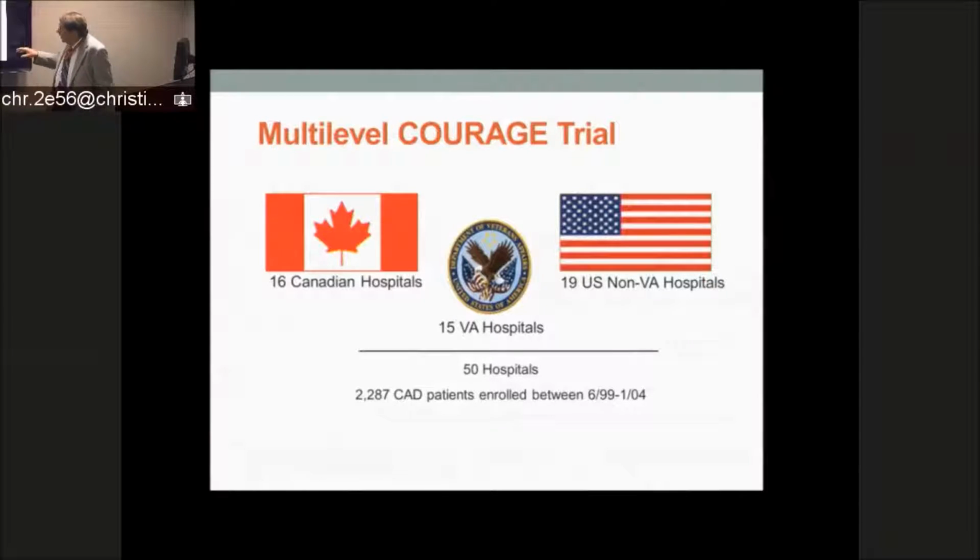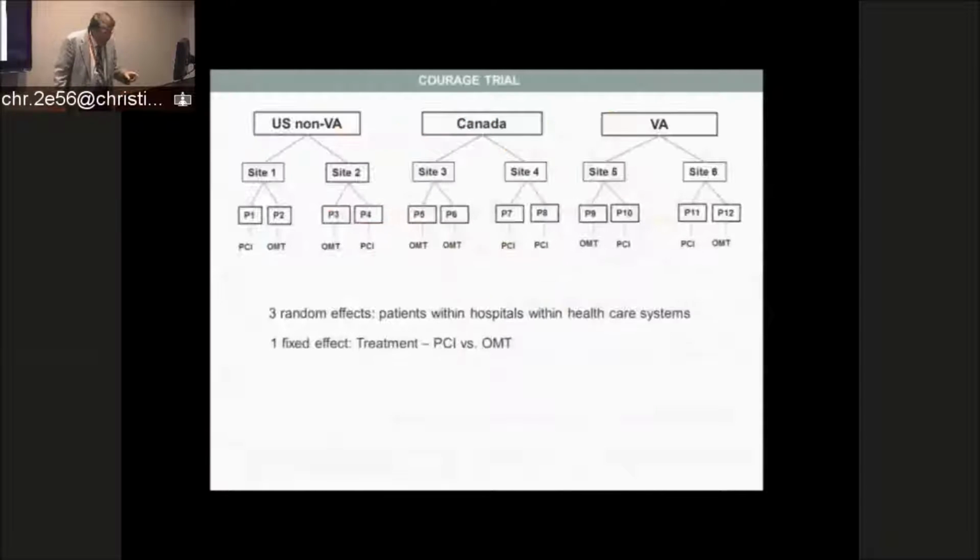It had 3 different healthcare systems and then different hospitals within those healthcare systems. Between 1999 and 2004, they enrolled a little over 2,000. So this is a schematic of the trial to illustrate the difference in random and fixed effects. They had 3 different healthcare systems, and within each healthcare system, a number of different hospitals.